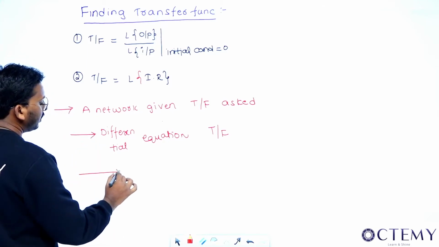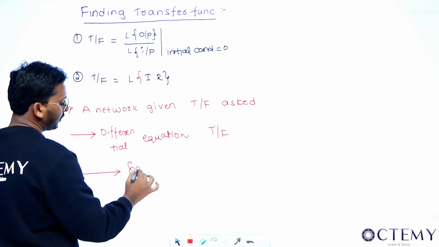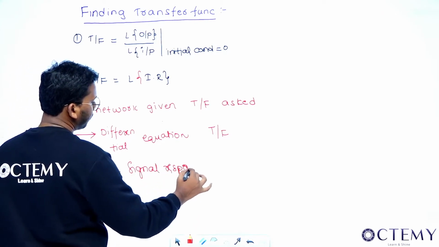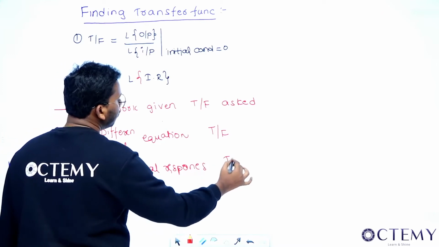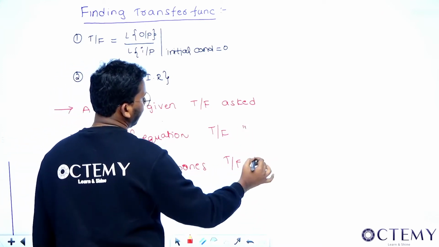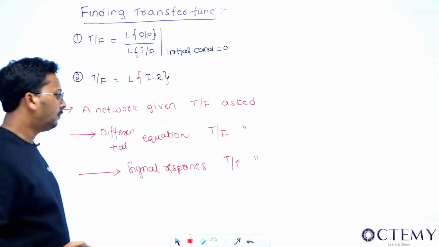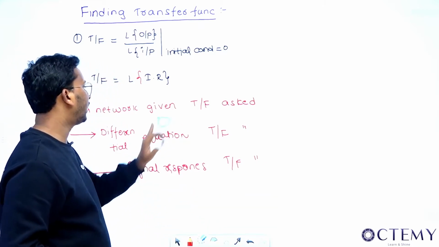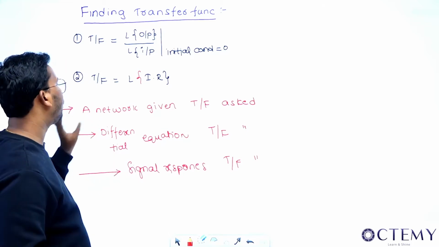And the third way is they will give you signal response and the transfer function is asked. So these are the three ways in which they can ask you the transfer function. First, they will give you a network.